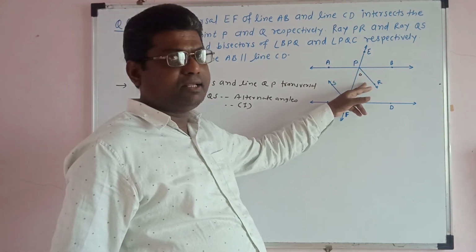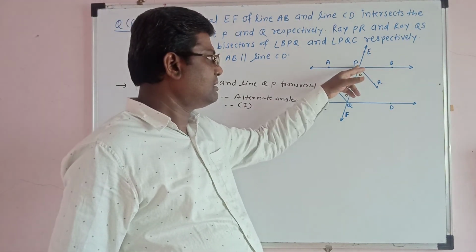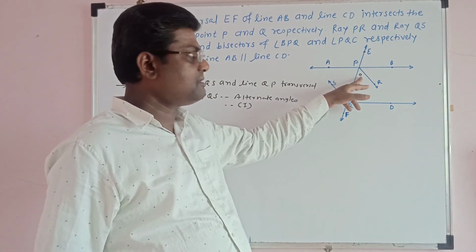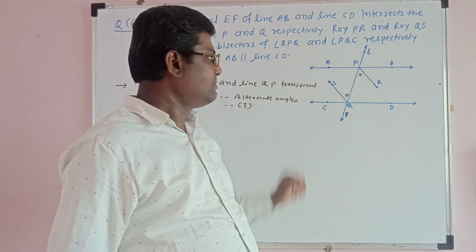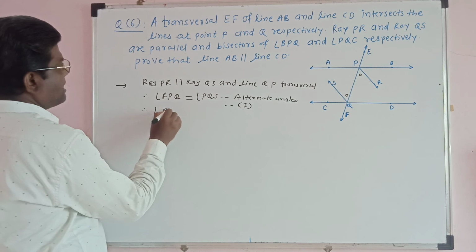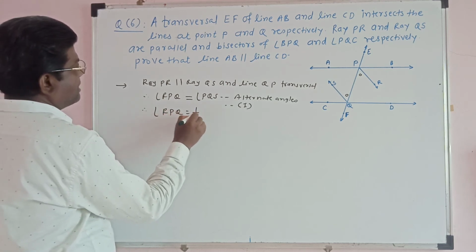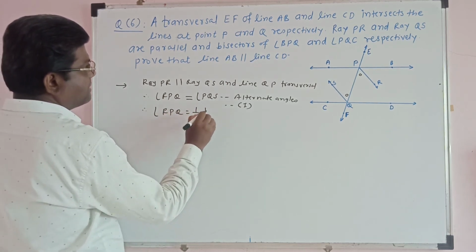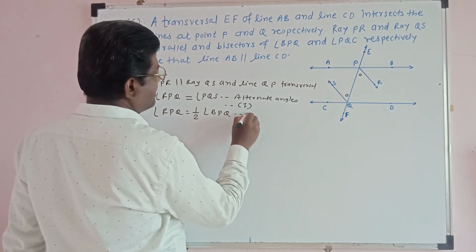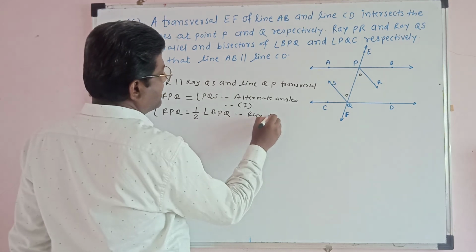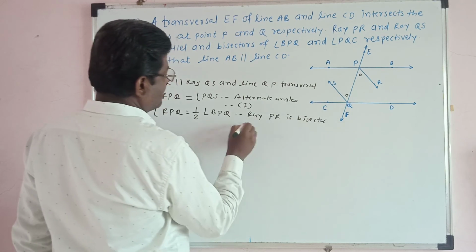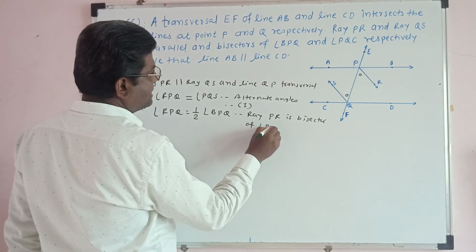Now ray PR is bisector of angle BPQ. Therefore, this angle is half of angle BPQ. Therefore, we write angle RPQ is equal to half into angle BPQ. Reason is ray PR is a bisector of angle BPQ.